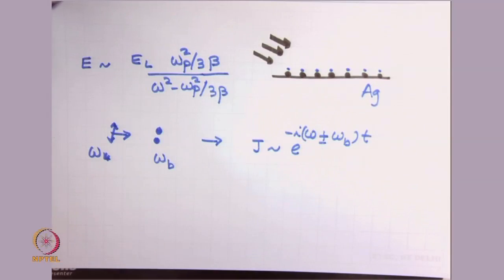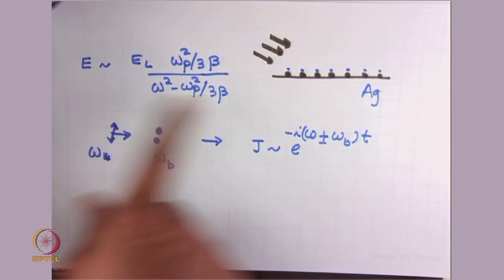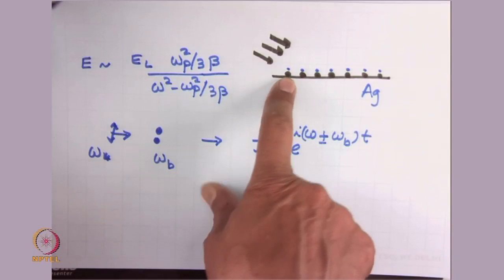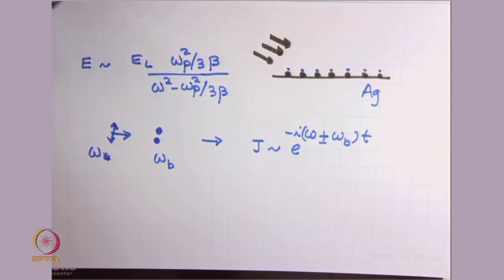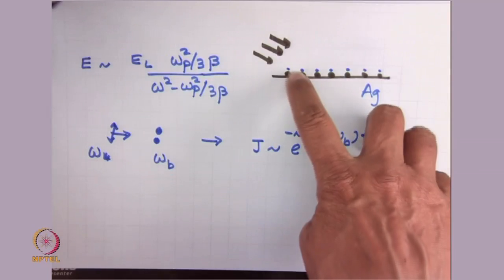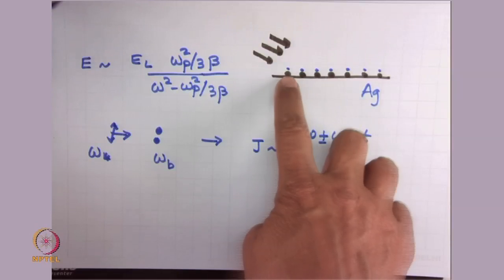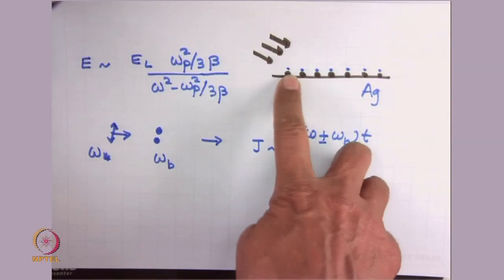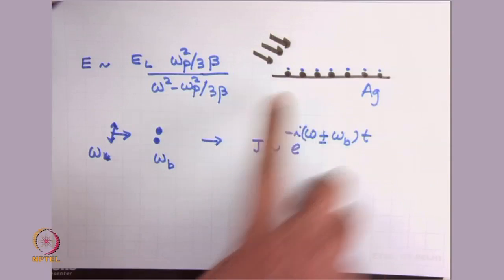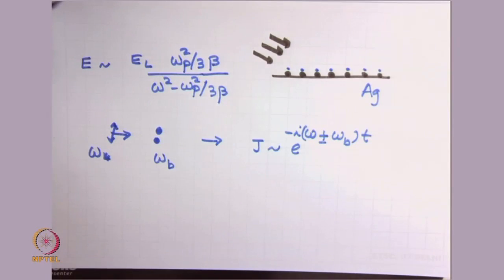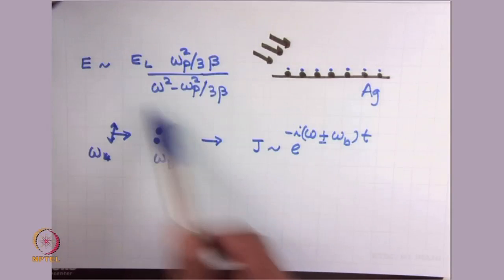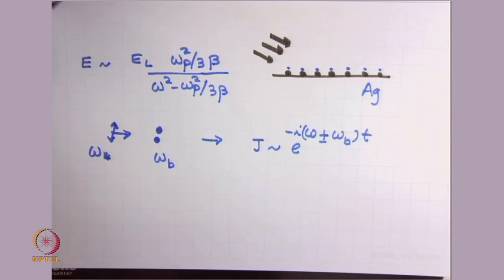So it is a two-way enhancement: the incident laser field as seen by the electrons of the cluster or the particle is enhanced by this factor, and in the presence of this field, when the molecules oscillate, the oscillatory motion produces some equivalent current, and that induces a field which is enhanced further by a similar factor. It is a double enhancement of the field. So, the scattered field is enhanced by the square of this factor, and hence the intensity is enhanced by the square of the field. So, it is a 4th order of magnitude, 4 to the power 4 enhancement, and that becomes very huge.